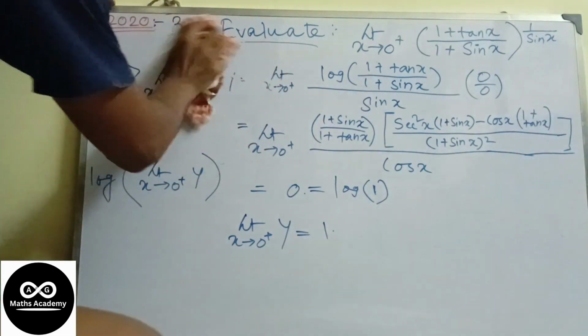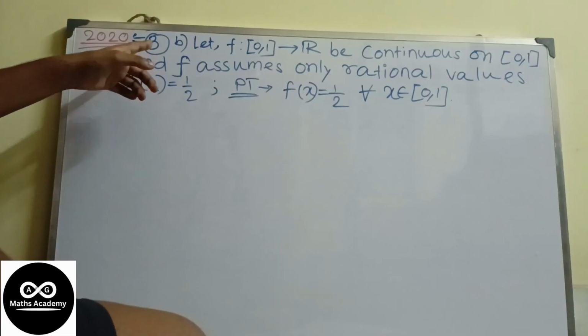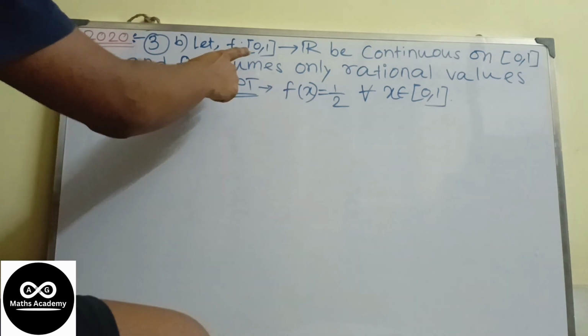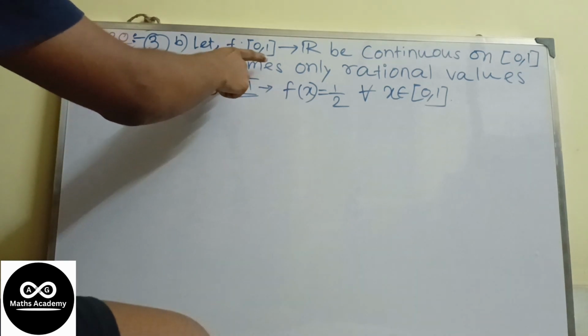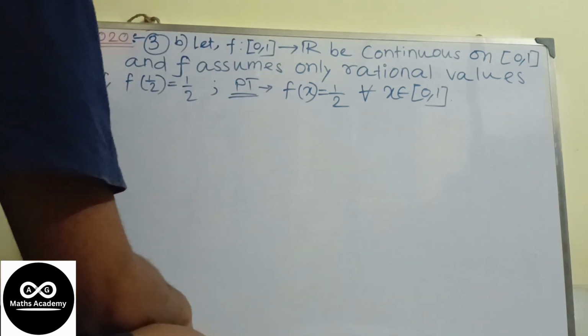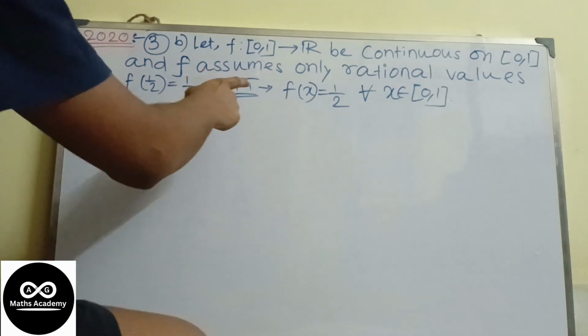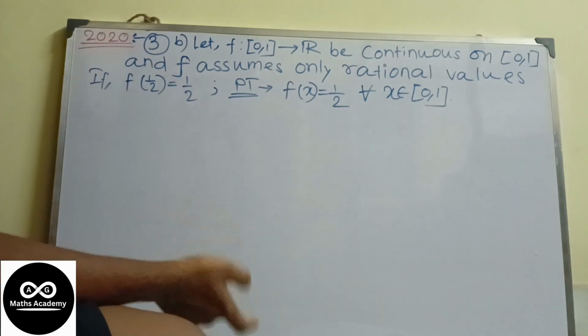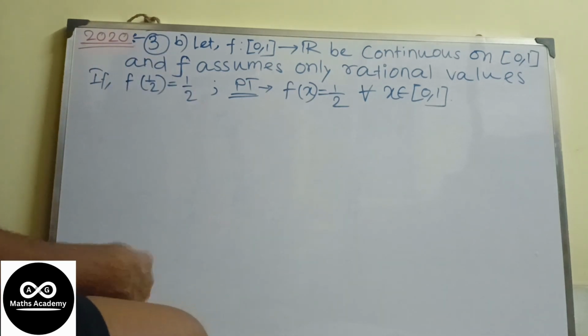Okay. This is the question of 3b. If f from closed 0 to 1 to R is continuous on 0 1 and if f assumes only rational values. Okay, so f is defined only for rational values, it is undefined for irrational values.